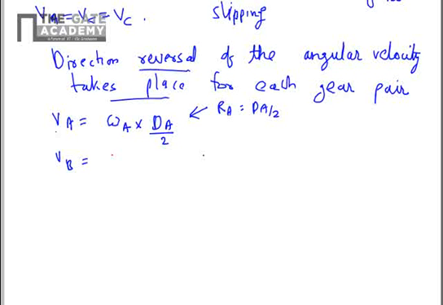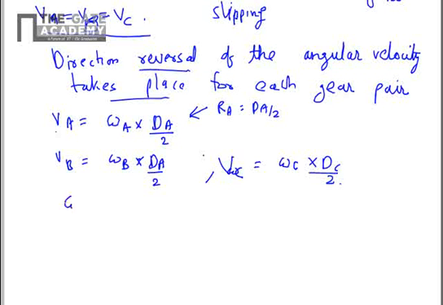Similarly, VB will be omega B into dB by 2, and VC will be omega C into dC by 2. These three quantities are equal. So, cancelling the 2 as a common term, omega A dA is equal to omega B dB is equal to omega C dC.